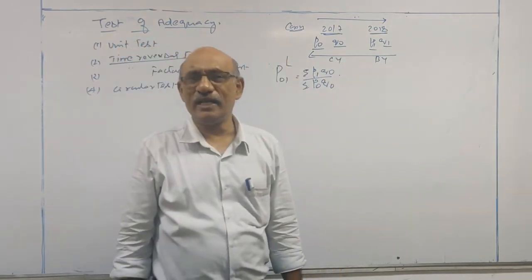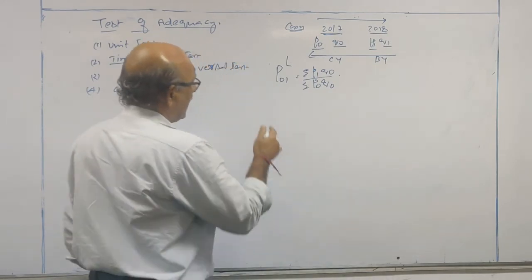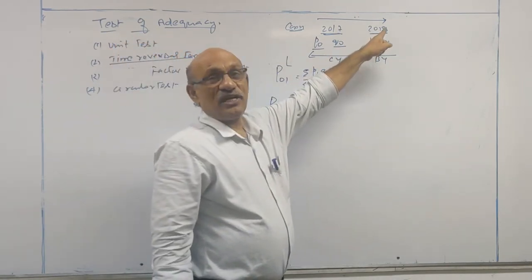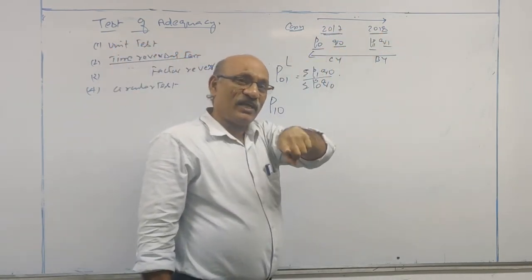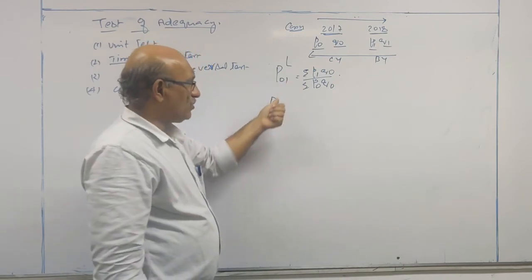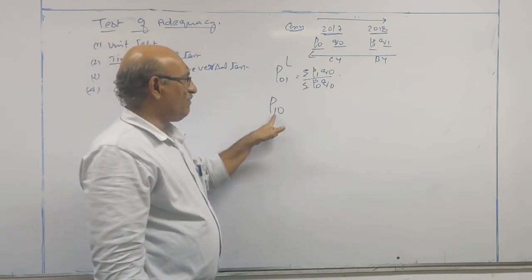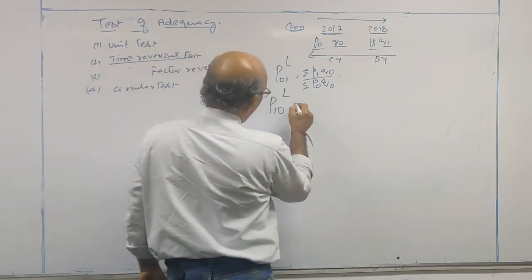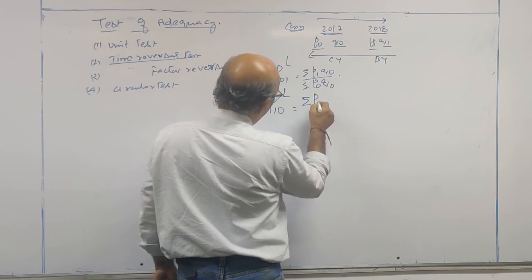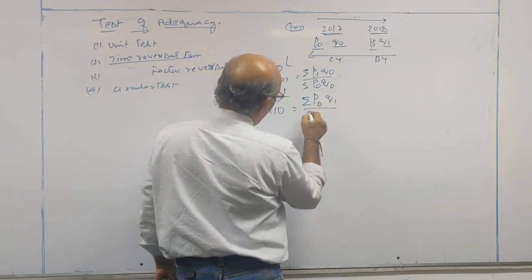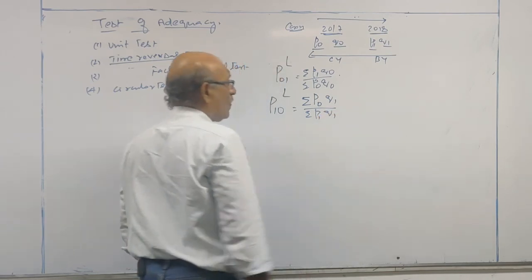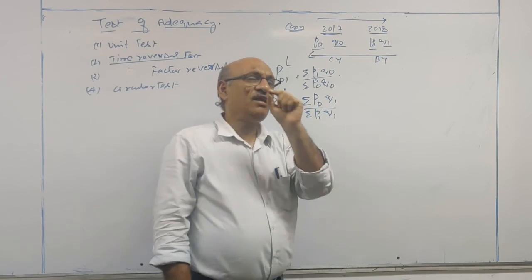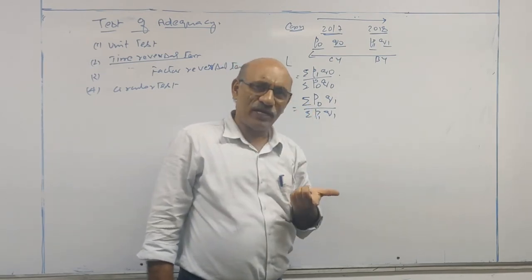Interchange base year and current year, and again calculate the index number. So here also you have to change the suffix. 0 will become 1, 1 will become 0. Notice this point carefully. In the formula also 1 will become 0, 0 will become 1. This way, I calculated Laspeyres' value in forward direction as well as in backward direction.